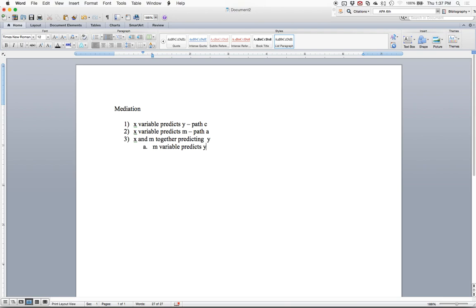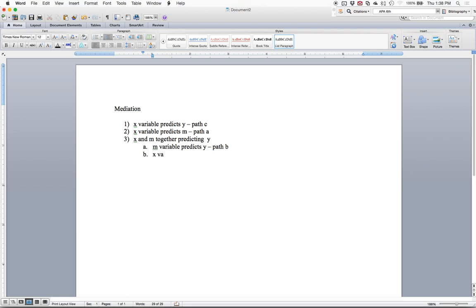And that implies that the diverging path continues past m. It doesn't just stop. Because then you just have x predicting m and x predicting y. And you're saying with mediation that instead of going x to y, it actually should go x to m to y. So you're predicting a separate pathway with a third variable involved. So if m doesn't predict y, you don't have mediation. So that is path B, traditionally.